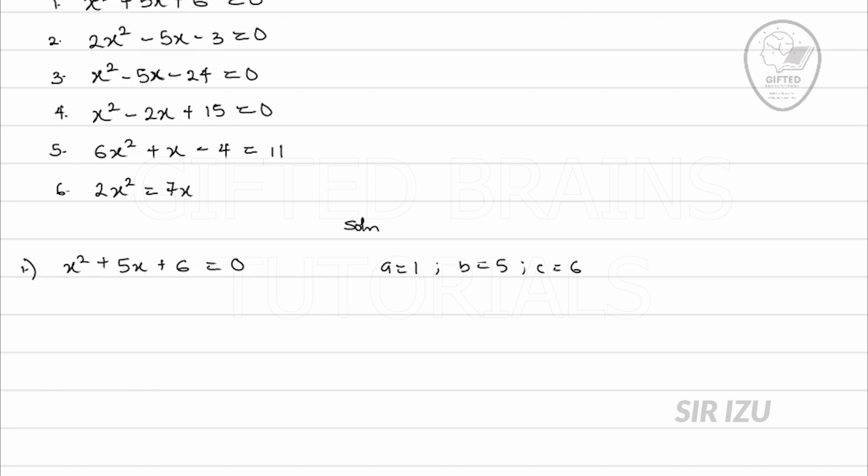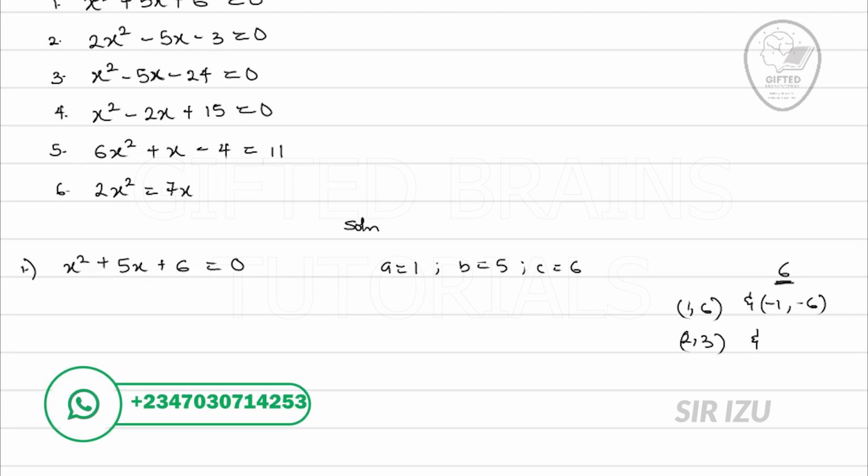Multiply 1 times 6, because your a is 1 and c is 6. That will give me 6. The next thing to do is to look for factors of 6. Obviously, that will be 1 and 6 and minus 1 and minus 6. Again, another factor of 6 is 2 and 3 and minus 2 and minus 3.